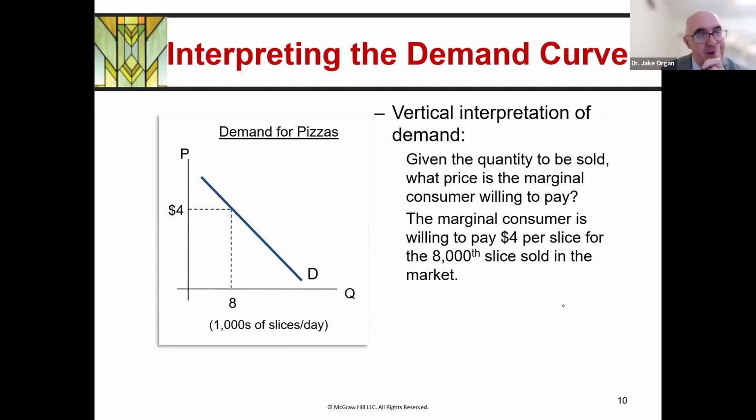So if you think about it, and this is a little bit deep, the horizontal interpretation is very much from the buyer's point of view, but the vertical interpretation is very much from the seller's point of view, because they want to sell those extra amounts.